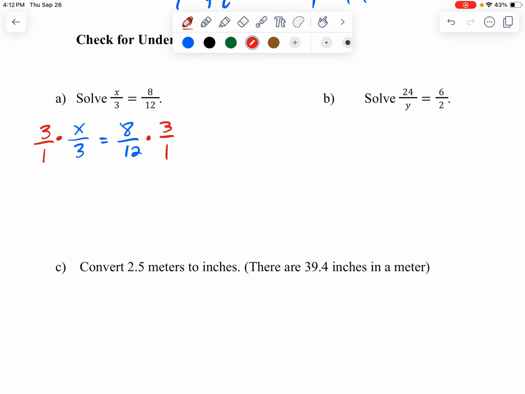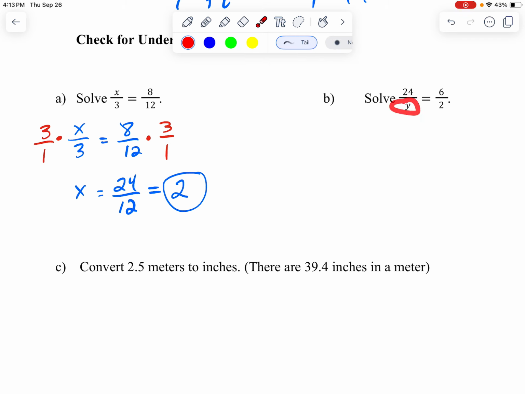When I multiply this out, that 3 is going to go away. I'm just left with x on the left. On the right, I've got 8 times 3 on the top of my fraction and 12 times 1 on the bottom. 8 times 3 is 24. 12 times 1 is 12. Again, this is one of those places where I can simplify this or just do the division. 24 divided by 12 is 2. X equals 2.